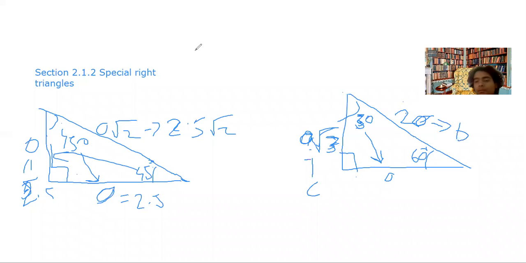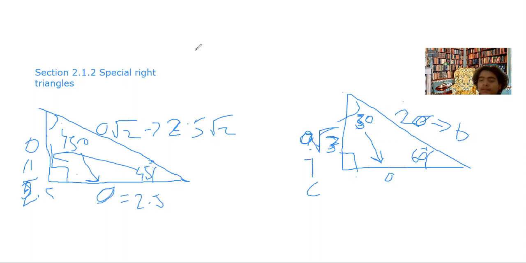Let's just do one more problem. For a 45, 45, 90 triangle, if the value of A is 60, what is the value of the opposite side of the 90 degree angle? Pretty easy. 60 multiplied by the square root of 2.